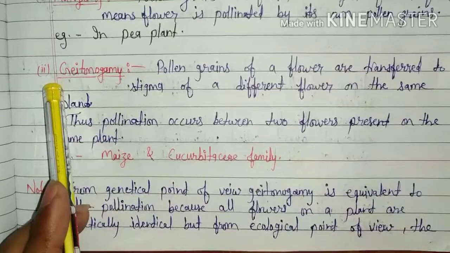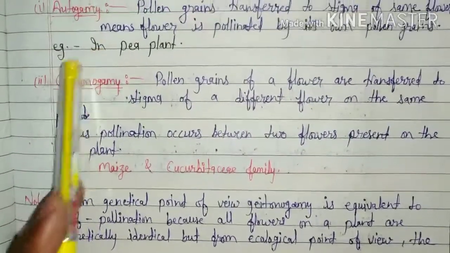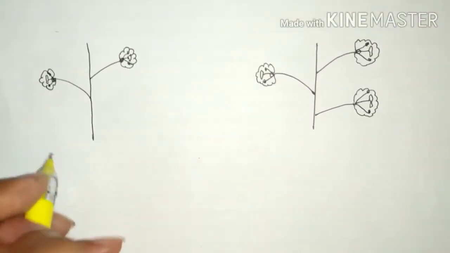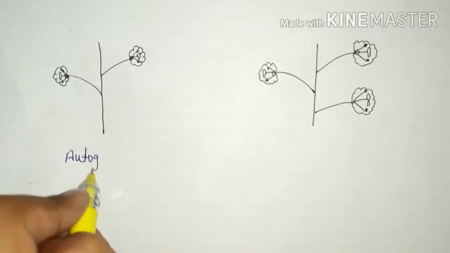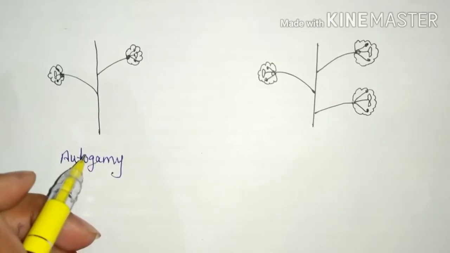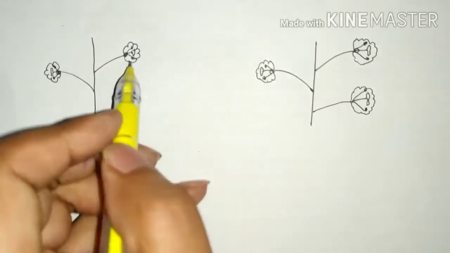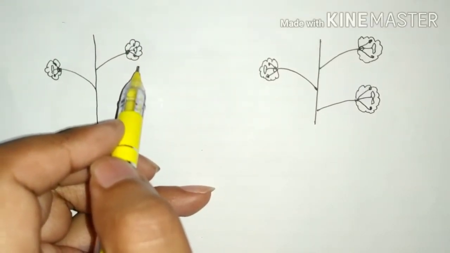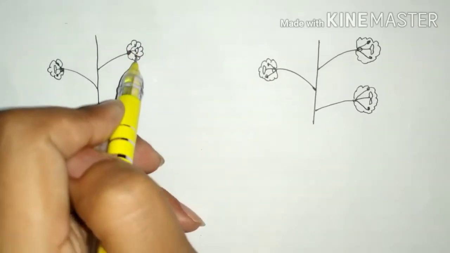Let's see the diagram of autogamy and geitonogamy. In autogamy, pollen grains are transferred from an anther to the stigma of the same flower.